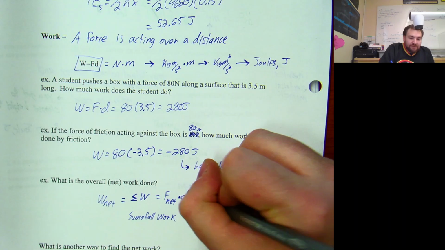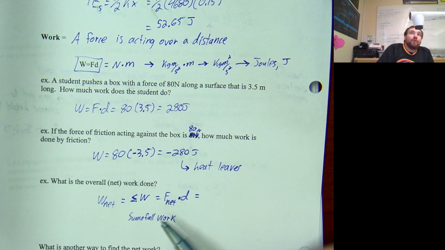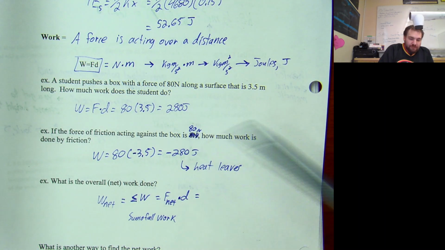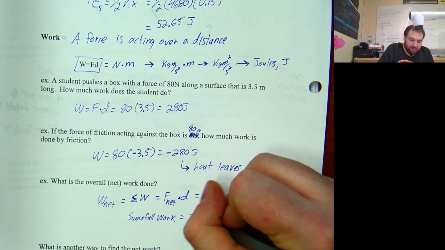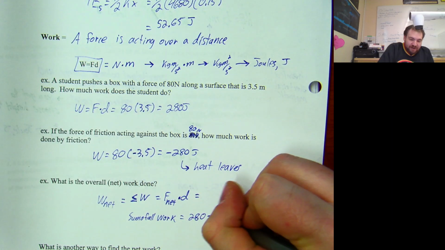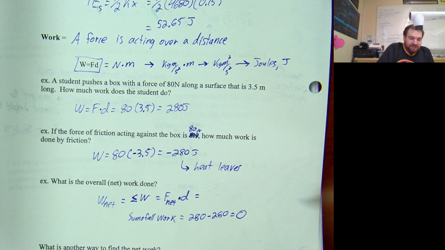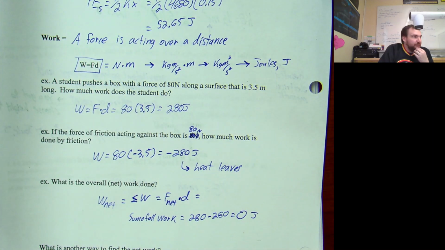If we sum up the work, it's just going to be the 280 joules minus the 280 joules. It's going to be 0. The net work done on the box is 0, because everything I put in, friction took away.